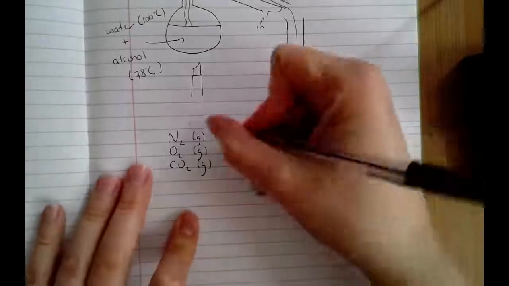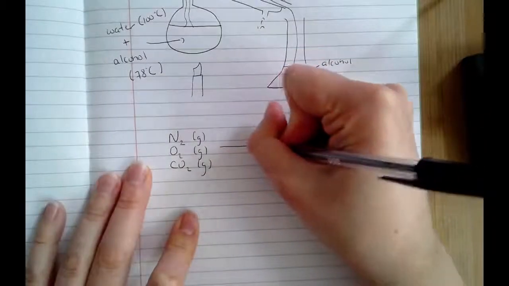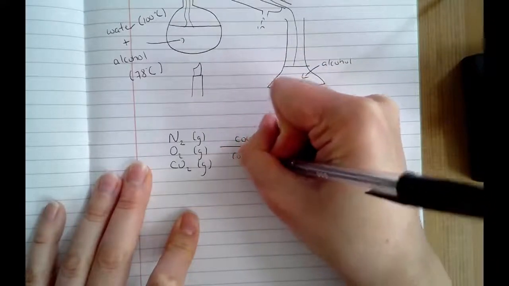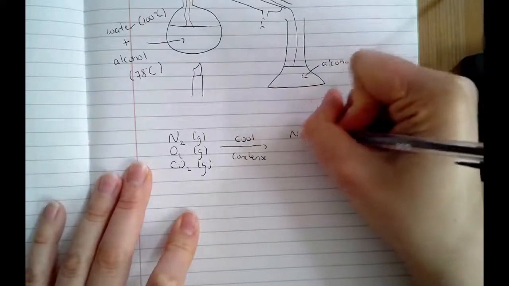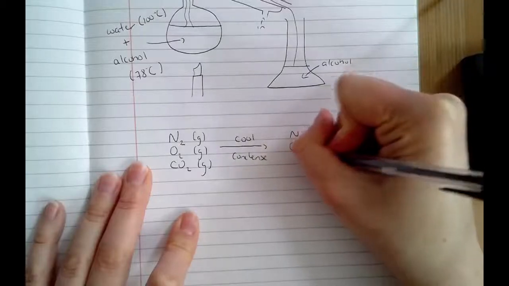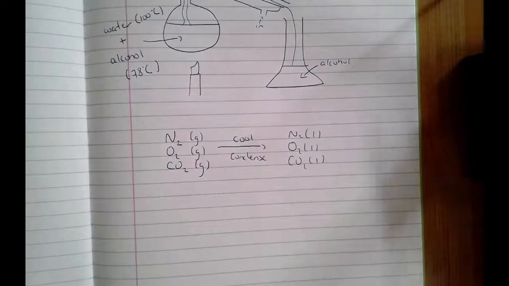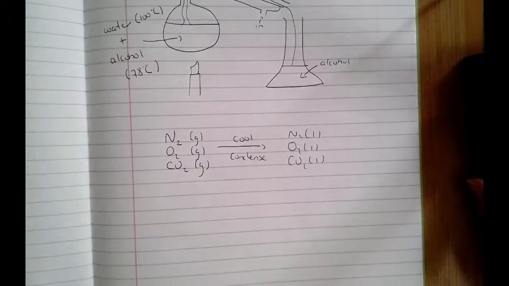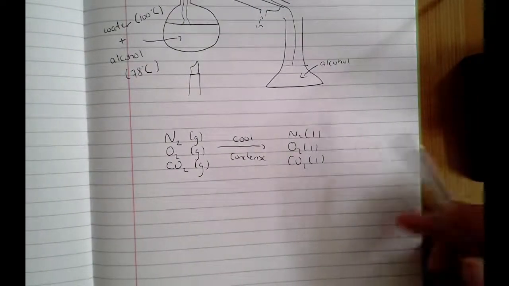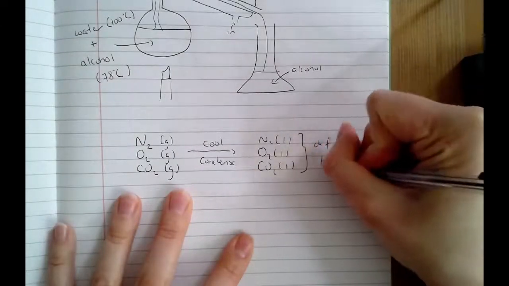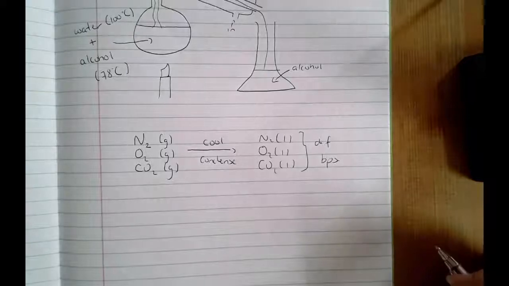So what I would need to do is I would need to take those gases, I would need to cool them, and I would need to condense them so that I'm forming liquid versions of each of those gases. Once I've got liquid versions of those gases, then I can use my fractional distillation. They all have different boiling points, so I can use fractional distillation to separate them.